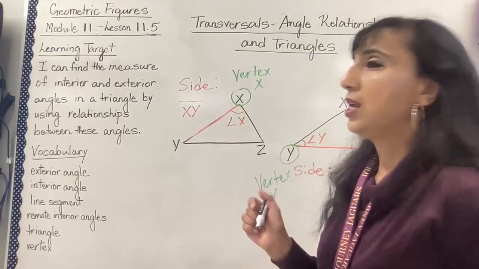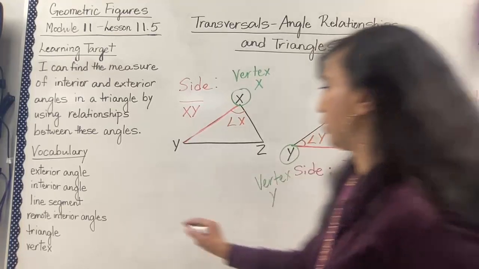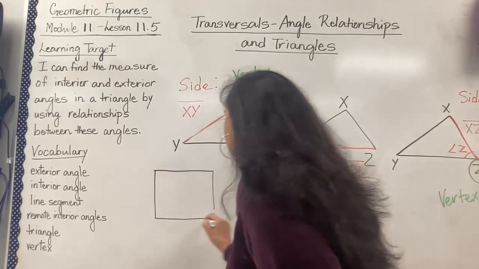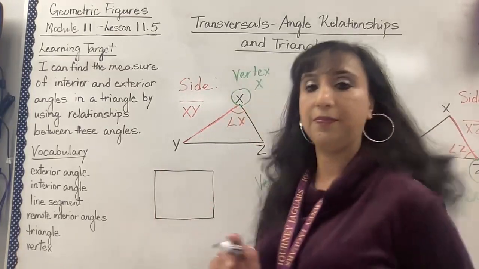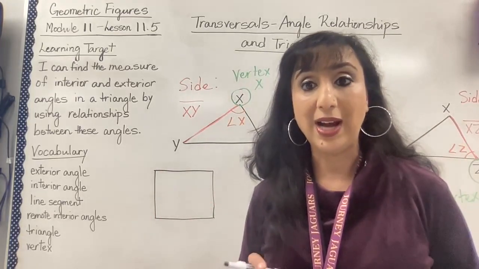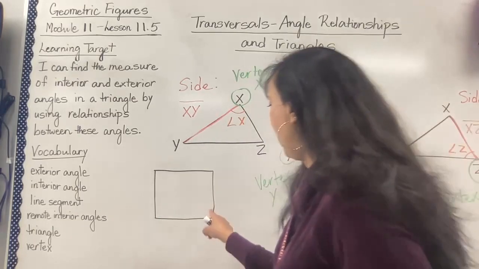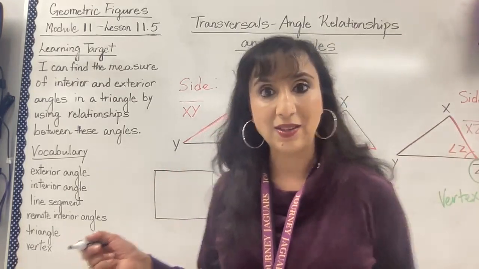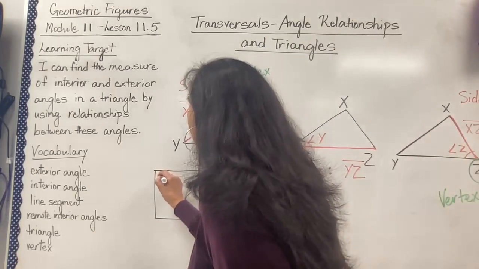Okay, so let me make this a little clear. So let's say we have any quadrilateral. Okay, and in a quadrilateral, what angles do we have in the corners? We can see that these are all right angles, right? So these are all right angles.